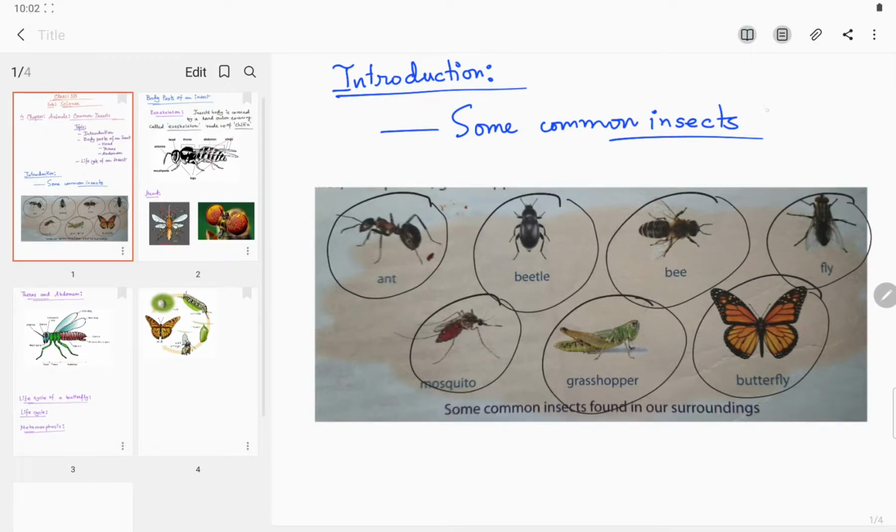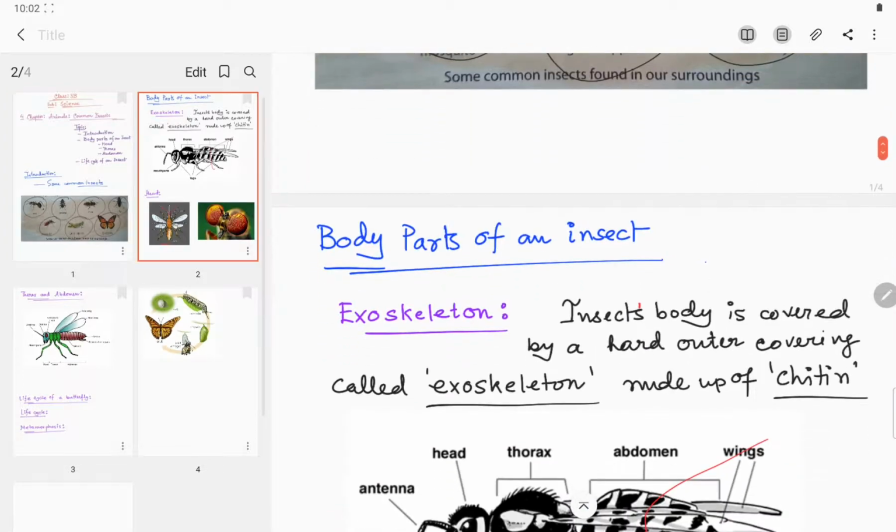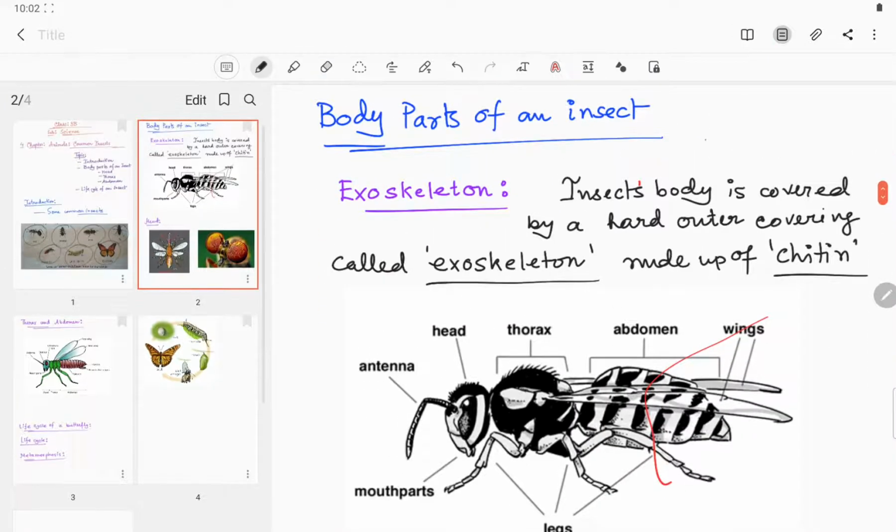So let's start with the body parts of an insect. At first, exoskeleton. What is exoskeleton? An insect's body is covered by a hard outer covering that is called exoskeleton, which is made up of chitin.